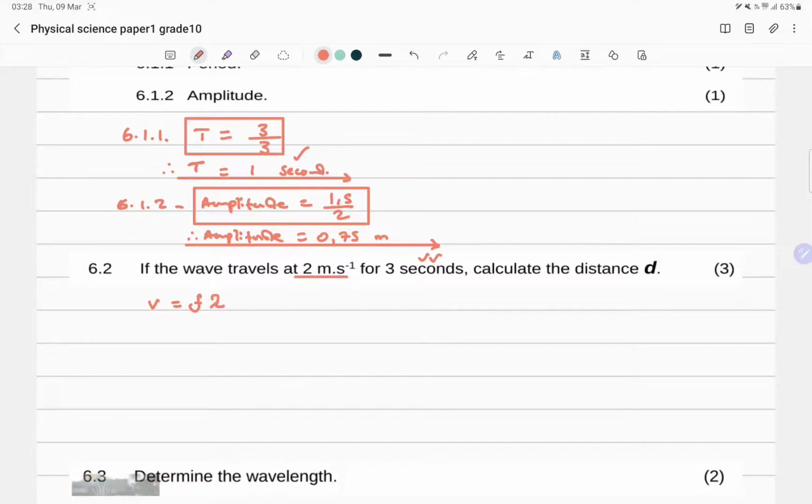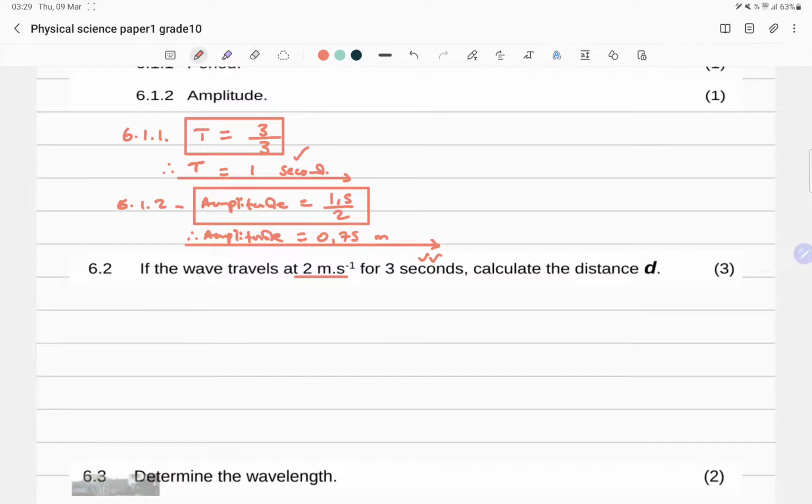But we can't use this because we don't have the frequency. So that's the problem. But let's not use this one. This one is a bit silly. It's not going to help us.